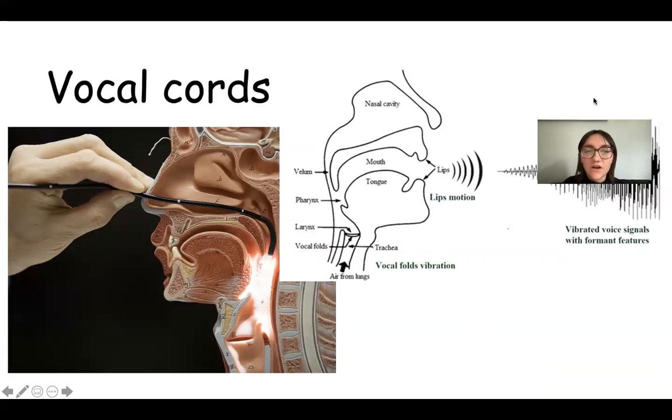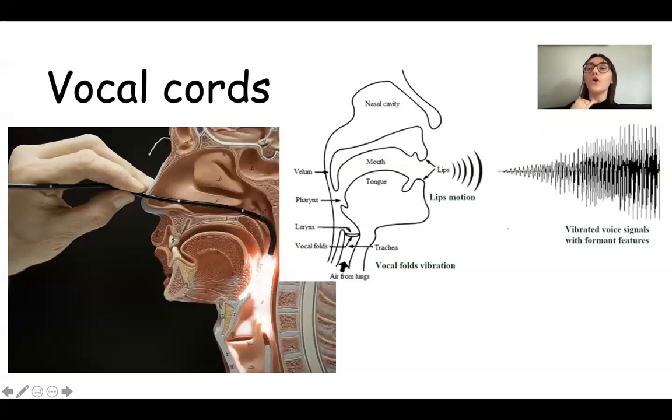Now what we're going to talk about is something called your vocal cords. They're in your neck. I have some pictures here to show you what they are. Your vocal cords are down here. Right here, vocal folds is what it says.